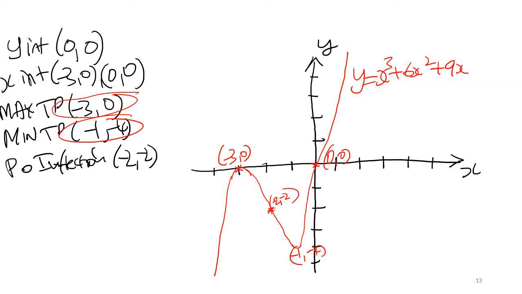And if you've got time, maybe you can say this is the maximum turning point, this is the minimum turning point, this is the point of inflection, and x-intercept, y-intercept. That's how you do it. It's not hard, but it is a time-consuming process.